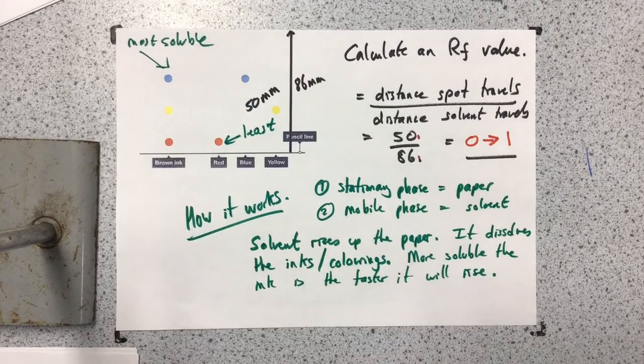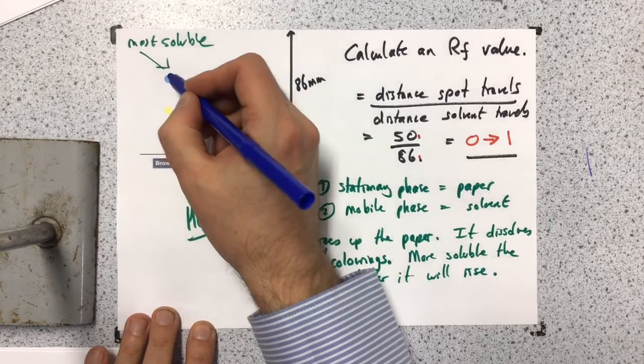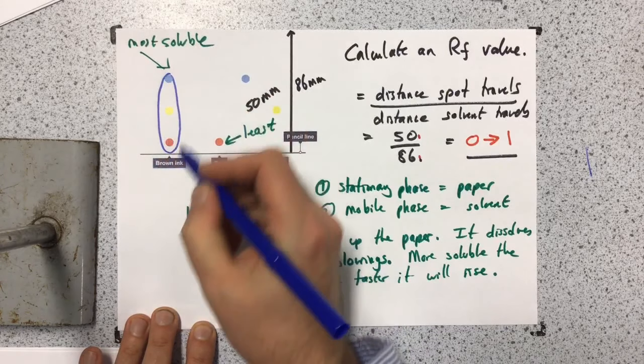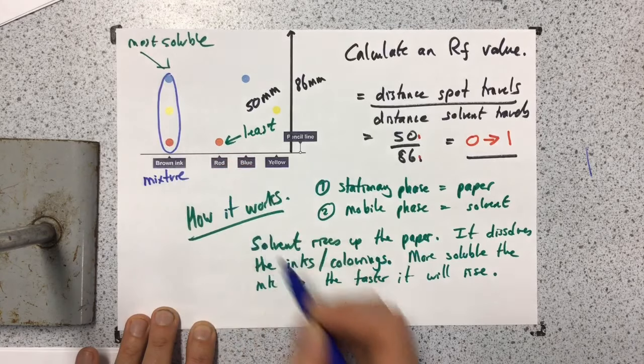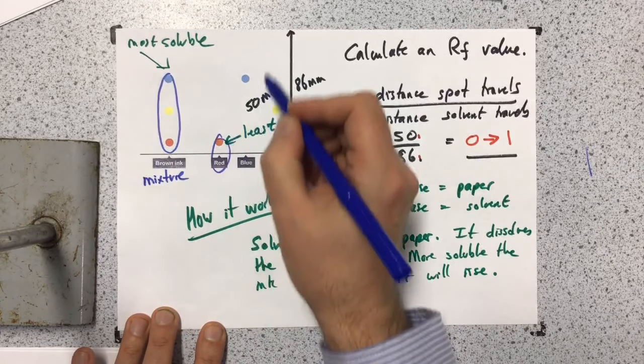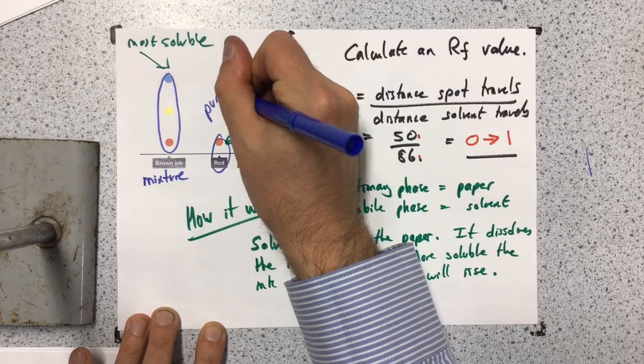Okay, just one final thing. You get really nice questions where there's loads of options for the next answer, which is just to say what this, called a chromatogram, tells you. Well, first of all, it tells us that our brown ink is a mixture. Then it tells us that our red and our blue are pure.